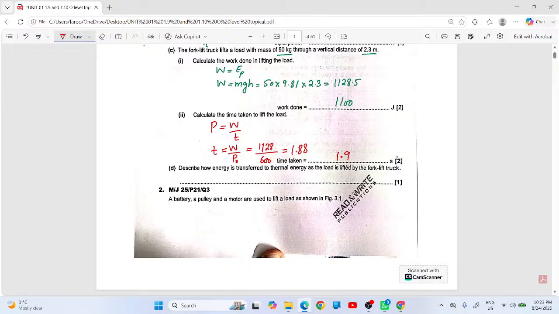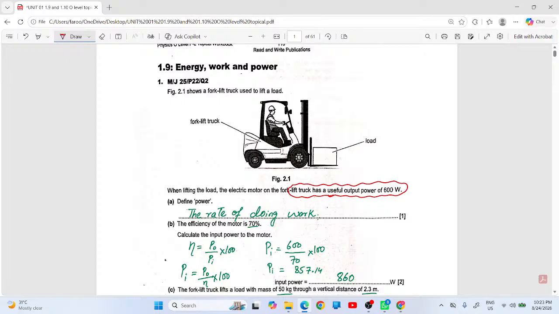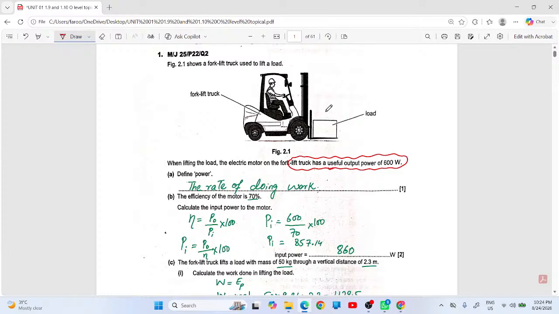See, thermal energy would be transferred in the form of friction. देखो सर, डायग्राम में लोड है ना, फ्रिक्शन नहीं कॉज करेंगे. और क्या हो सकता है इसके अलावा? एयर रेजिस्टेंस. तो इतना ज़्यादा तो नहीं उठा रहे ना कि एयर रेजिस्टेंस इन्वॉल्व हो. अच्छा, फिर सर फोर्क लिफ्ट ट्रक, उसका अपना इलेक्ट्रिकल की वायर्स भी तो फ्रिक्शन, हीट होंगे. हाँ, उसकी फ्रिक्शन जो होगी ना लिफ्टिंग के वक्त. अच्छा. तो चेक करें क्या आंसर लिखा है.